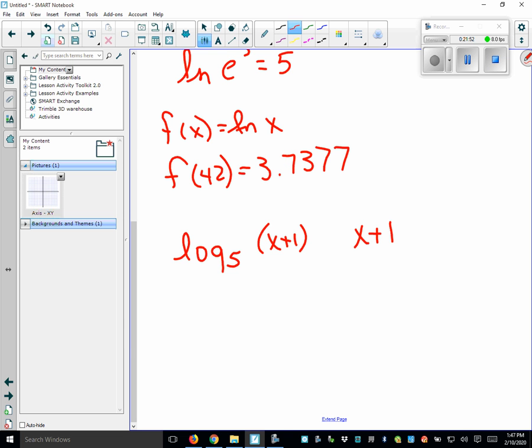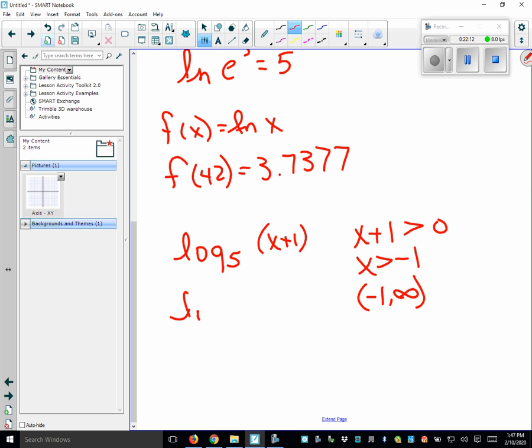Has to be greater than 0, right? So is x greater than -1? In what? Parentheses. Bracket.